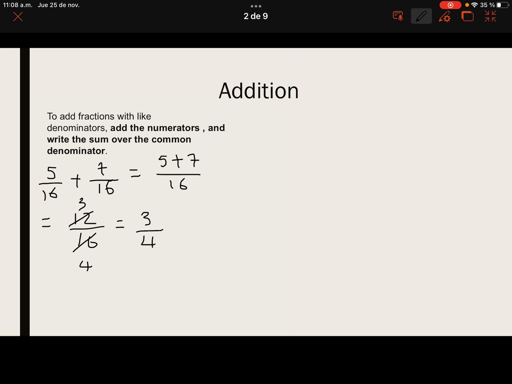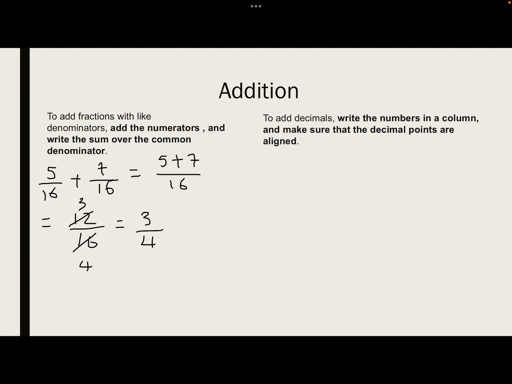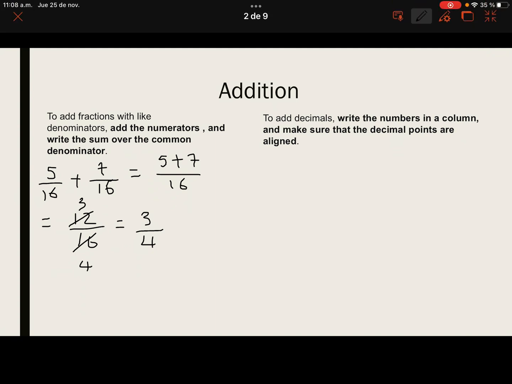That's it. Okay, now let's analyze the addition of decimals. How can we add decimals? To add decimals, write the numbers in a column and make sure that the decimal points are aligned.